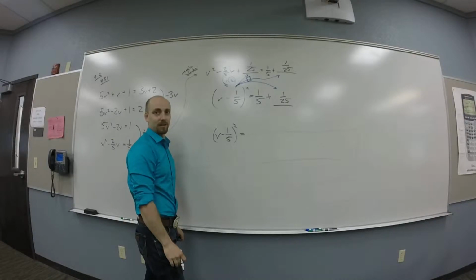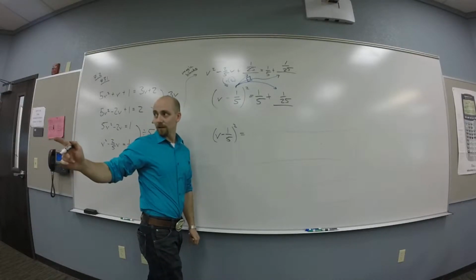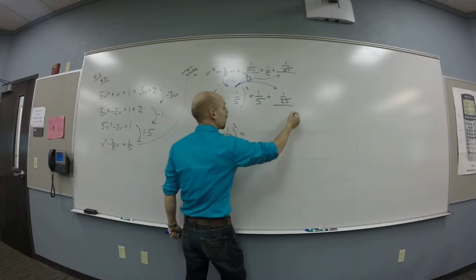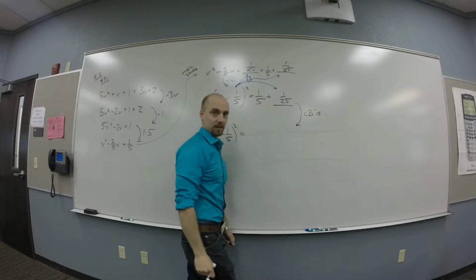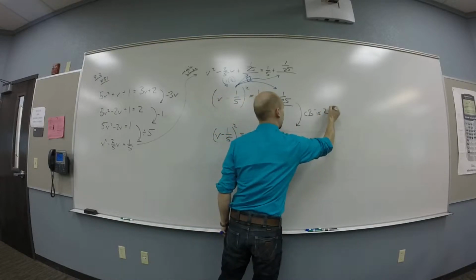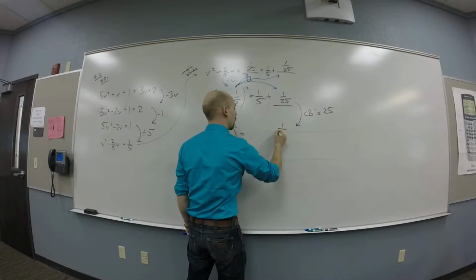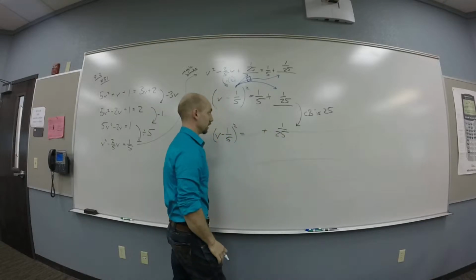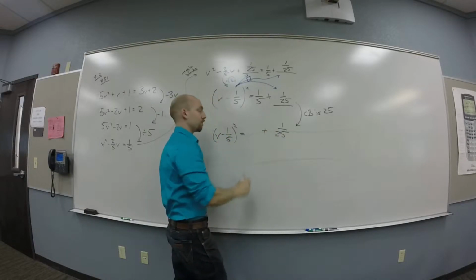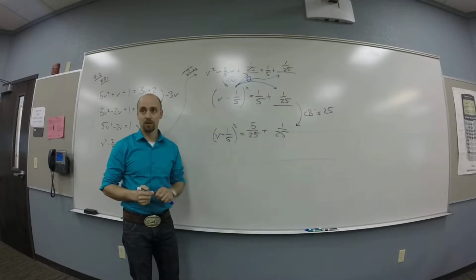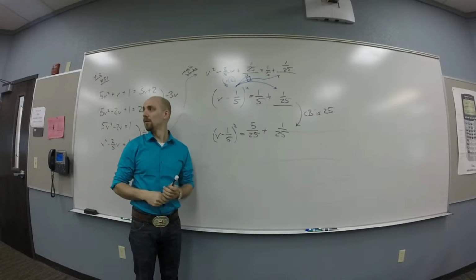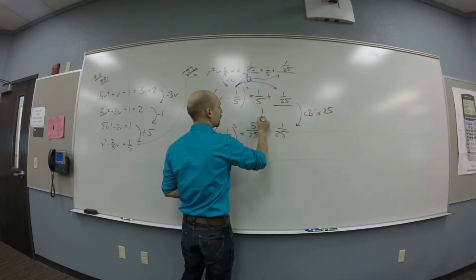How'd you get that? Well, because you need a common bottom number. Okay, so here I'm going to think common bottom is 25. Right. So I've got 1/25 plus 5/25. How'd you get there? Yeah, so this little step here was multiply by 5/5, right?